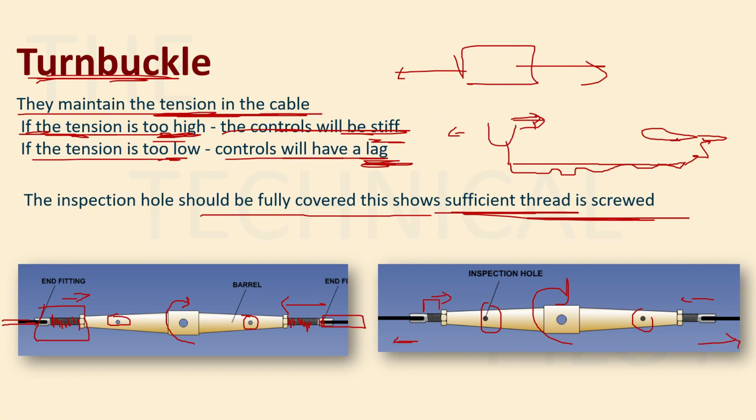So this inspection hole should be covered with thread. There should be enough screw movement inwards to cover this inspection hole, so that your cable will not just snap out of this barrel, right? So that is why there is an inspection hole in there.